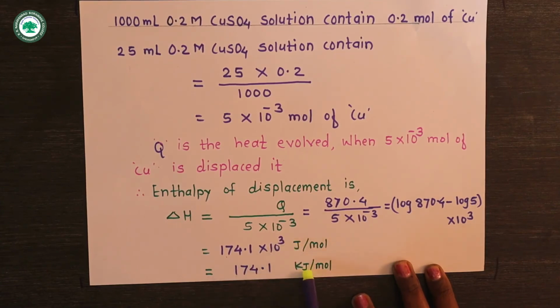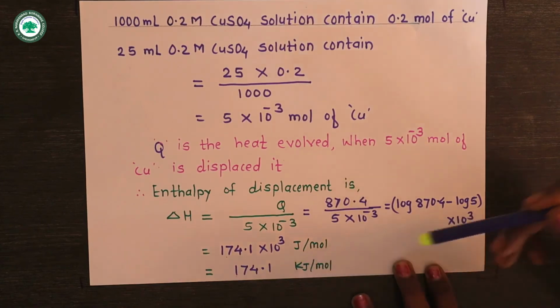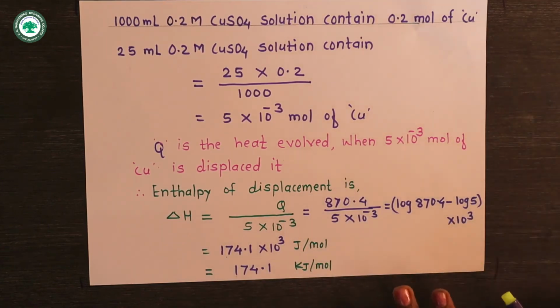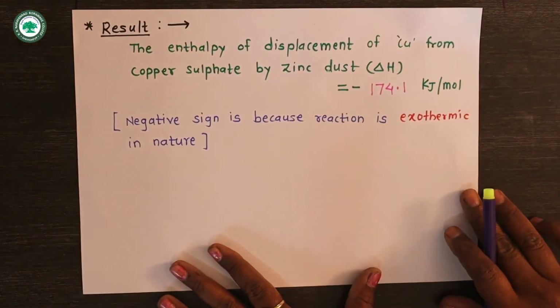Now in terms of kilojoule we can write that value as 174.1 kilojoule per mole, and this is our required calculation for this experiment. And now we have to write the result of this experiment.